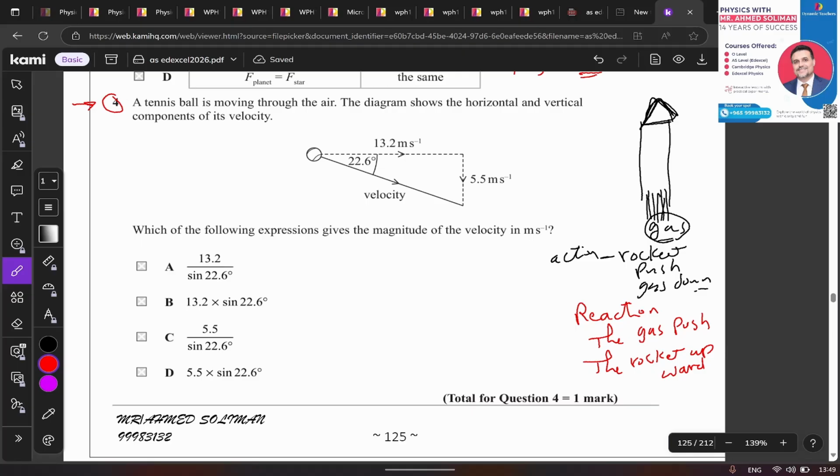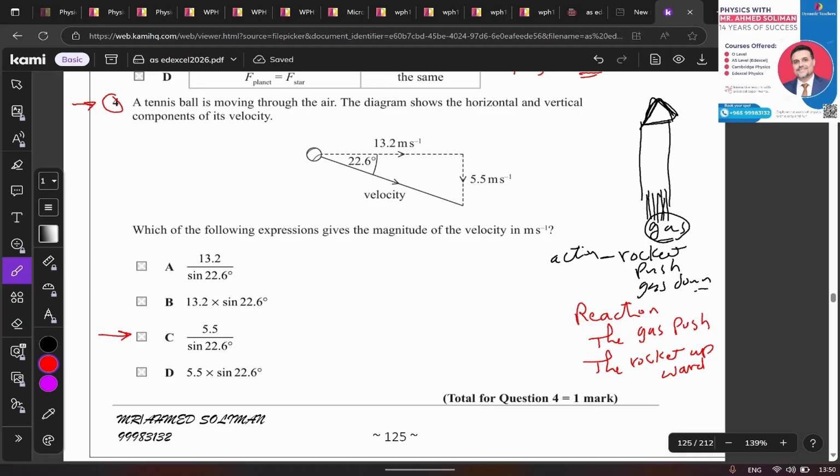A, B, C, D. Is it C? Do you agree or disagree?